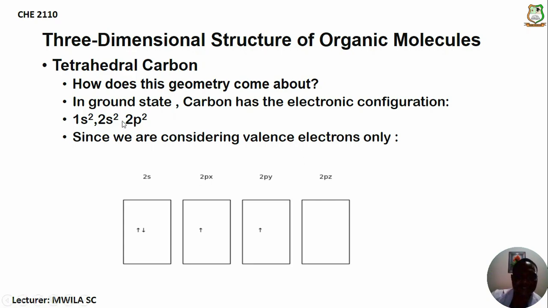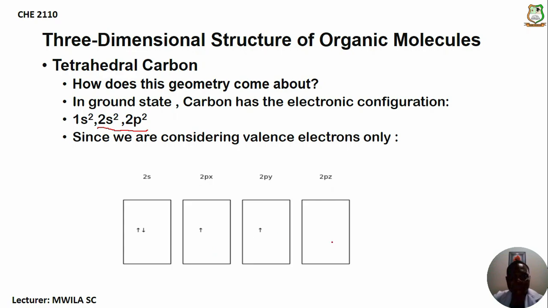We shall start from 2p. We shall start from here. Okay, these are the valence electrons here, 2s2, okay, 2p2. Yeah, so if we have to arrange them here, we see how the electrons are arranged. This is the 2s there, arranged here. Then when we come to the p here, we have the 2px, 2py, 2pz.